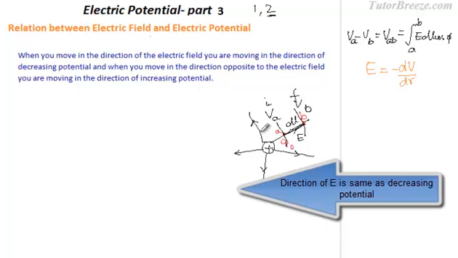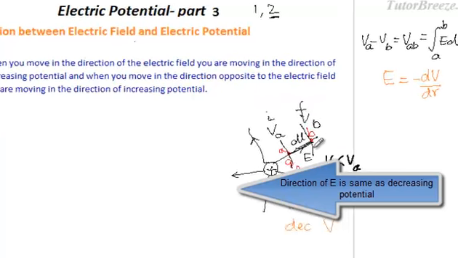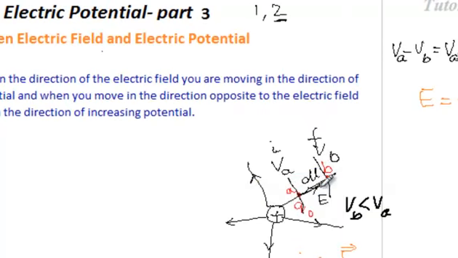When you move in the direction of the electric field, you are moving in the direction of decreasing potential, because VB is less than VA, and when you move in the direction opposite to the electric field, which means if you're moving from a point over here towards a point over here, in that case you're moving in the direction of increasing potential, because closer to the positive charge the potential is going to be higher.